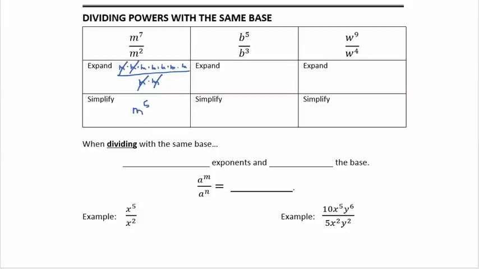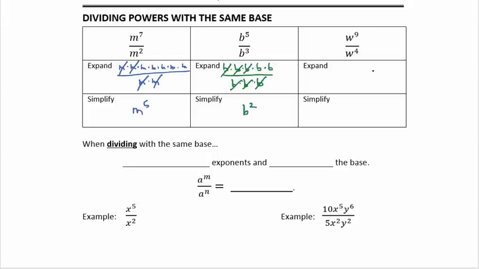All right, let's expand this second one. I have 5 b's on top, 1, 2, 3, 4, 5, 3 b's on the bottom, 1, 2, 3, cancel out top and bottom, and I have b to the 2nd left.